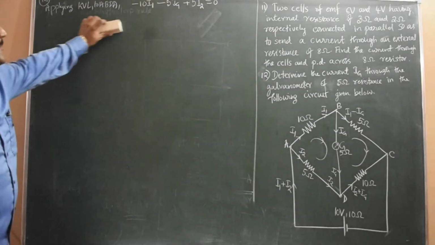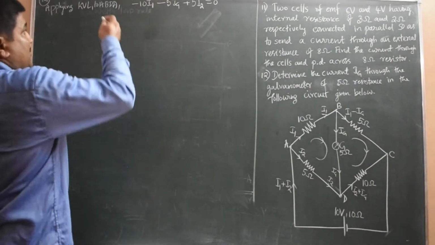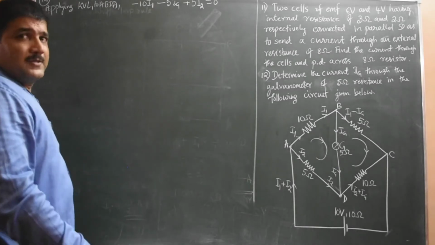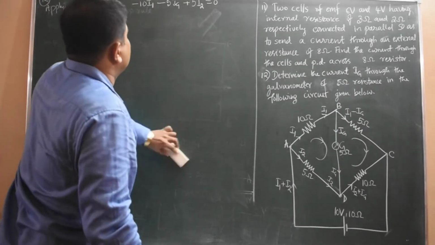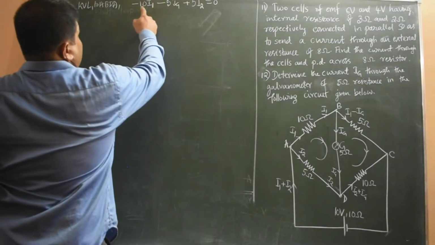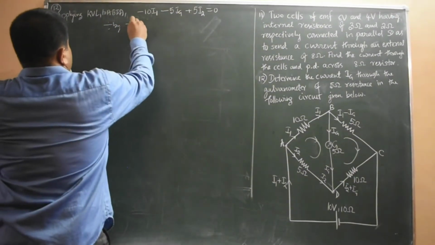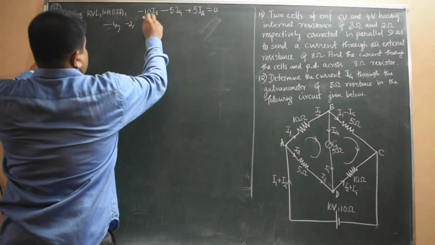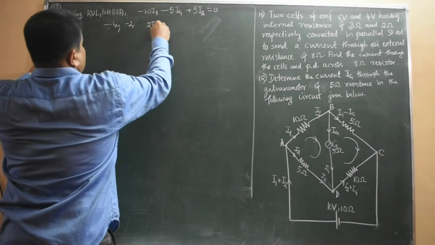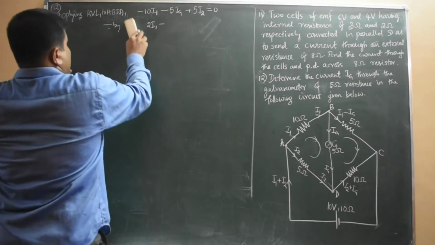So this is the first equation. We have to simplify this equation because there is a common factor of 5. Now I divide throughout by minus 5.